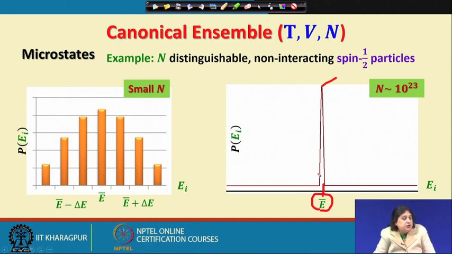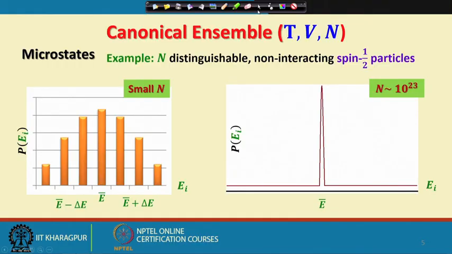But think about E bar minus delta E. Please remember, here delta E is a very small number compared to the total range of E values available. And then if I go from the position of the peak, I see that there are other microscopic states also possible which are very close in energy to the E bar, and there is a substantial number of them.